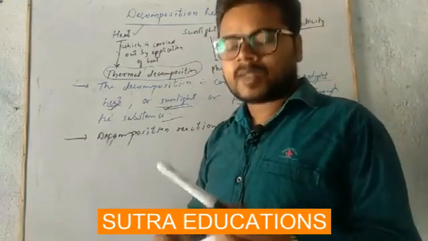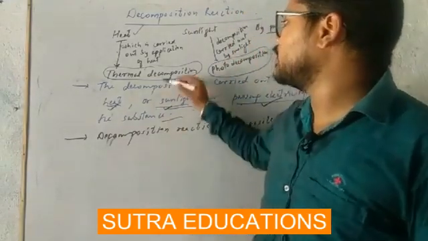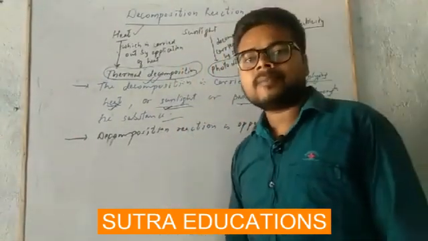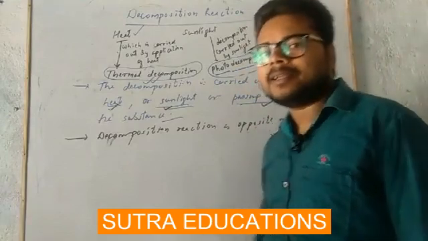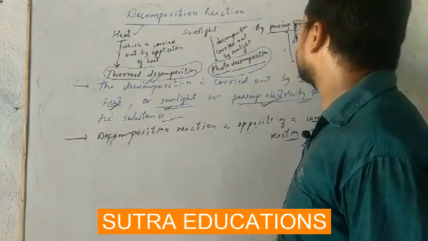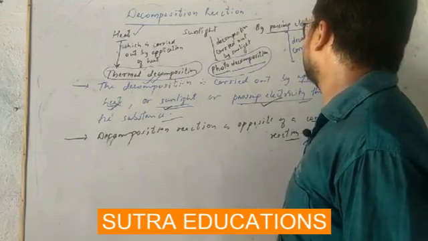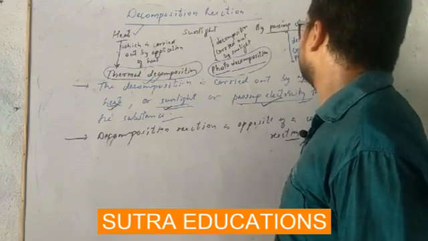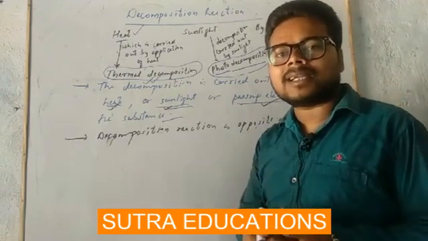Getting it? Two things. If the decomposition is carried out by the application of heat, then it is called as thermal decomposition. And if the decomposition is carried out by the application of sunlight, okay, then it is known as photo decomposition. And finally, if the decomposition is carried out by passing electricity, okay, then it is termed as electrolysis.